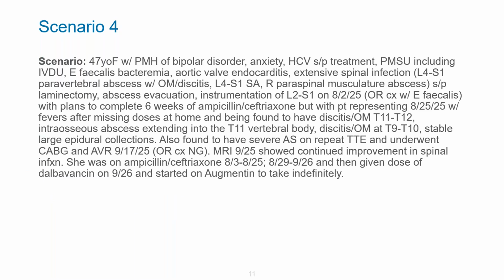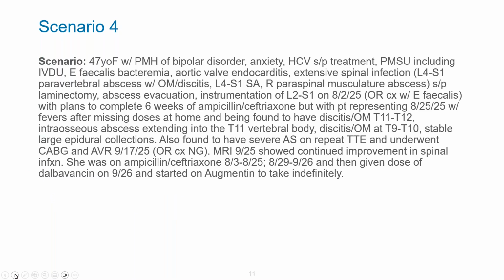So you know what else I'm going to include here? And I probably didn't on this one. I'm going to put some non-compliance, because why are we missing doses of IV antibiotics at home? Being found to have discitis, osteomyelitis of T11 and T12, interosseous abscess extending into T11 vertebral body, discitis and osteomyelitis at T9 and T10, stable large epidural collection.